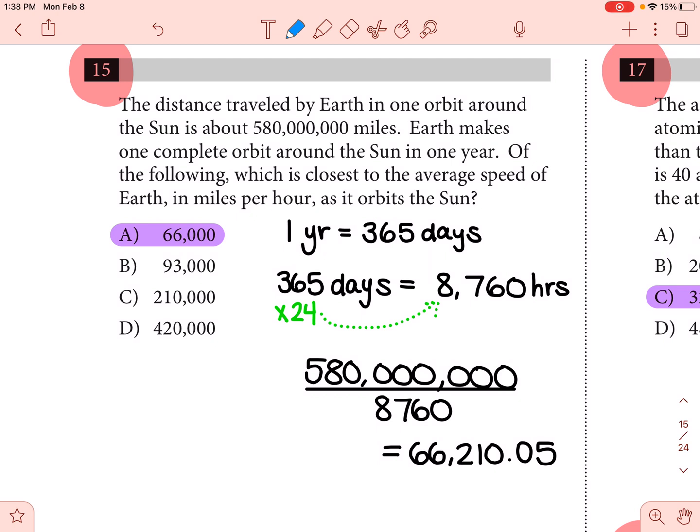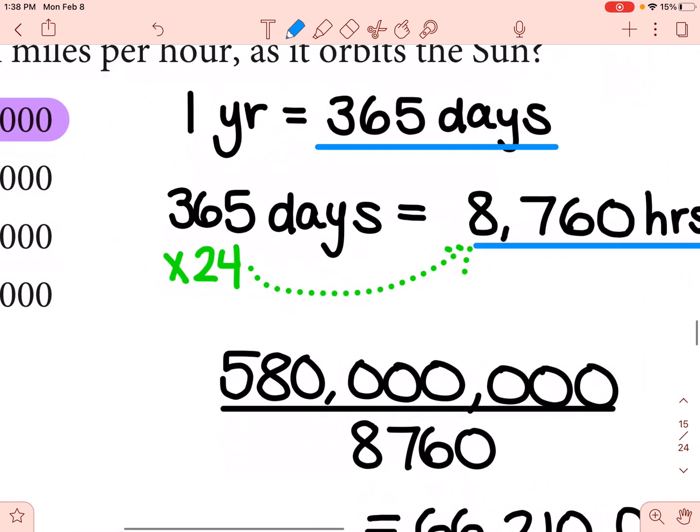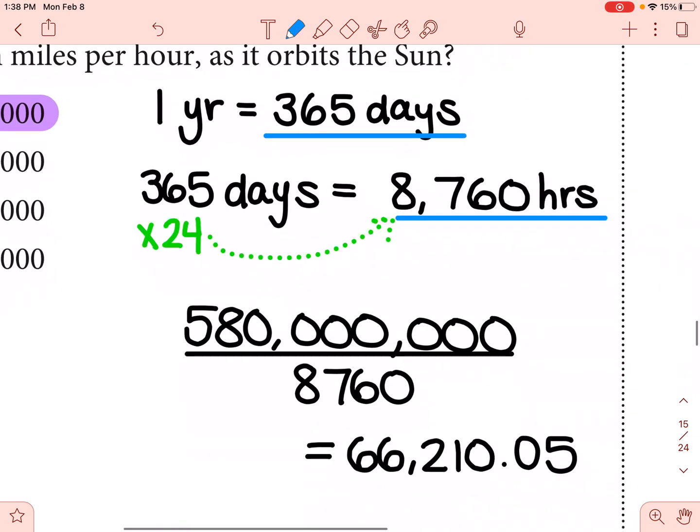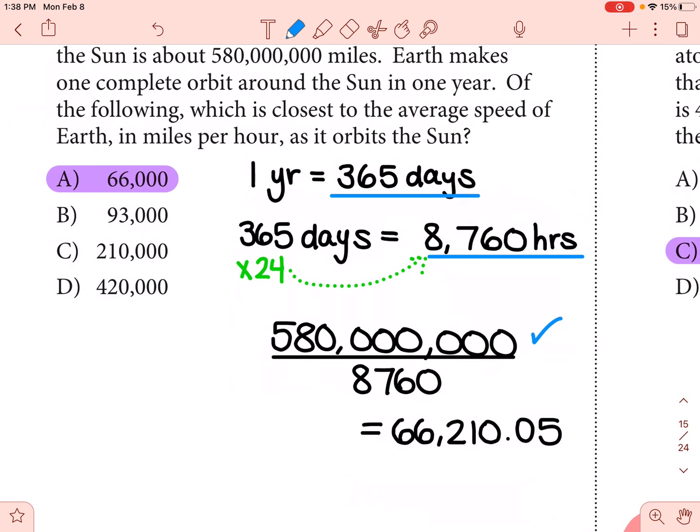1 year is 365 days. 365 days is 8,760 hours. I just got that by taking 365 times 24 hours in a day. And then what we do is we take the distance of the Earth around the sun in 1 year, and we divide it by 8,760 hours to figure out miles per hour.